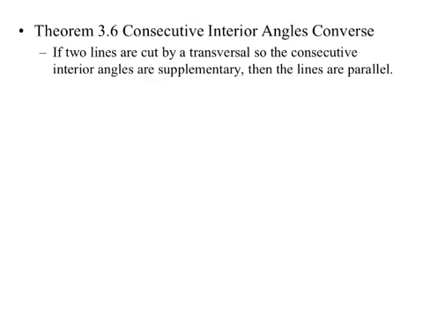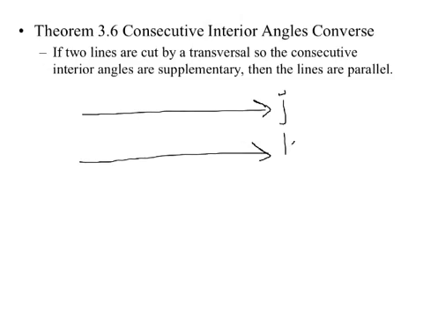Theorem 3.6, consecutive interior angles converse. J, K, transversal, consecutive interior angles. Okay, we have 3 and 5. If two lines are cut by a transversal, so the consecutive interior angles are supplementary, then the lines are parallel.